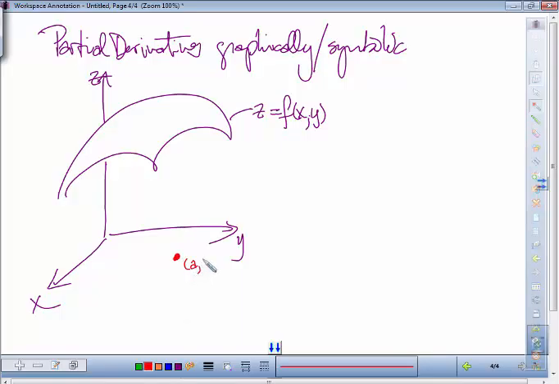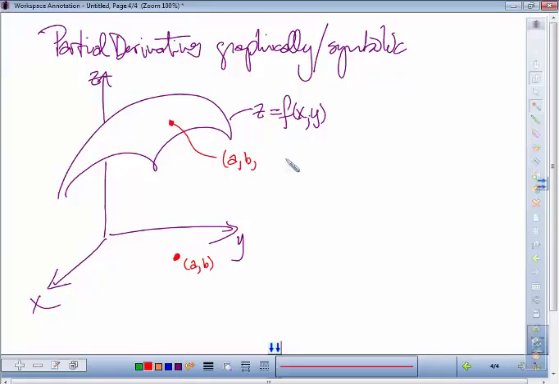On the xy plane, I can just represent it with a pair of numbers since it's the xy plane. But we can also look at it being up on the surface. Now, if it's up on a surface, my point has the same x and y, but it has a z component to it.